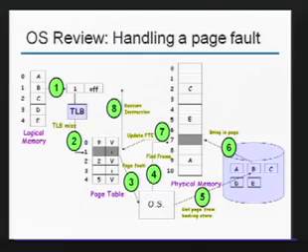At that point, it restarts the instruction. When the instruction restarts, we go back up to step 1 again, where the hardware checks the TLB, doesn't find an entry, then goes to the page table where it now finds one, fills in the TLB, and runs that instruction again at full speed. Any future accesses to that logical frame will go full speed because the TLB entry will be used to provide that mapping.